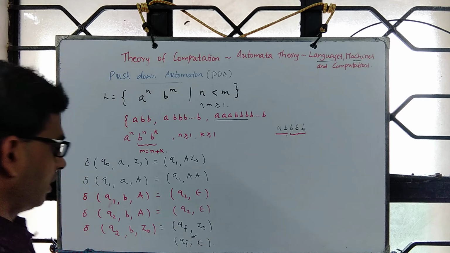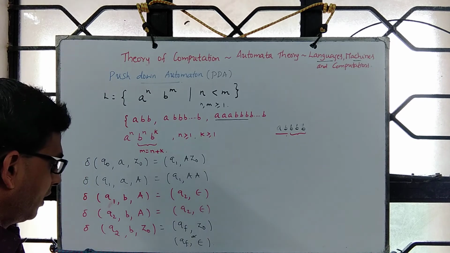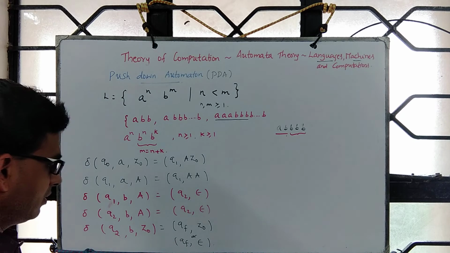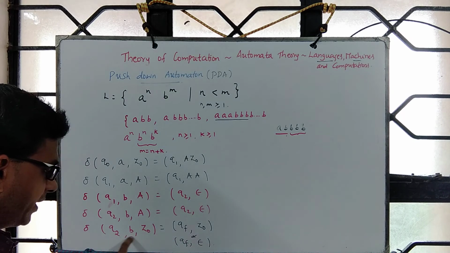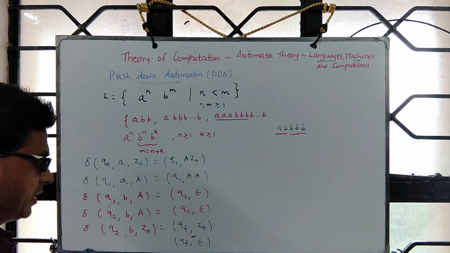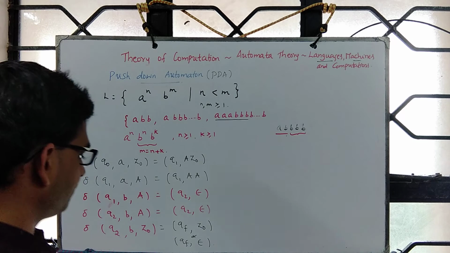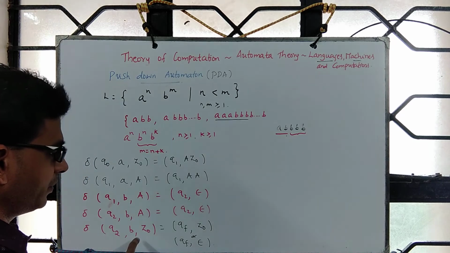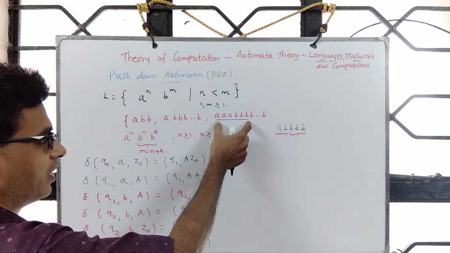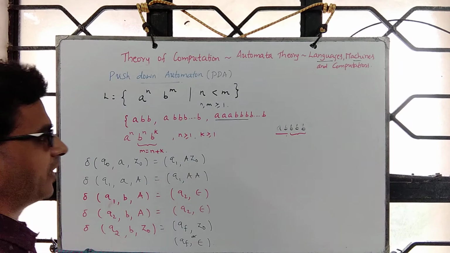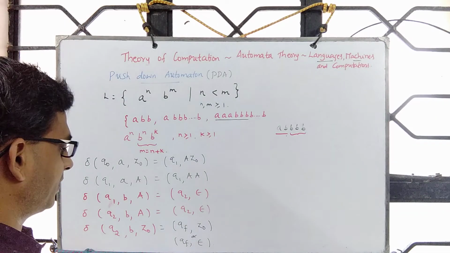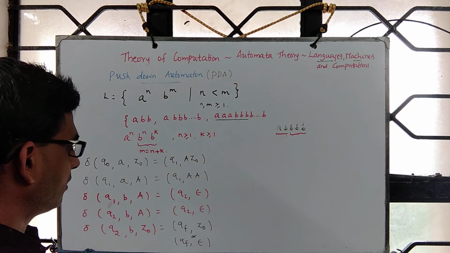Fine. But remember, when we stop the automaton, the input tape is not empty. You still have some more symbols in the input tape, and we don't scan the entire input tape. Okay, because the moment you see a substring which is valid, we accept. Correct?